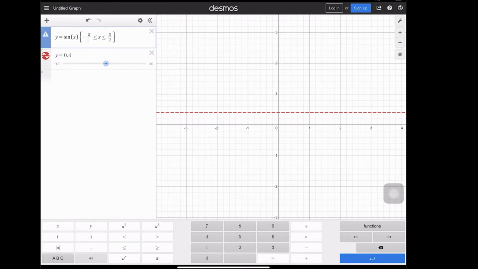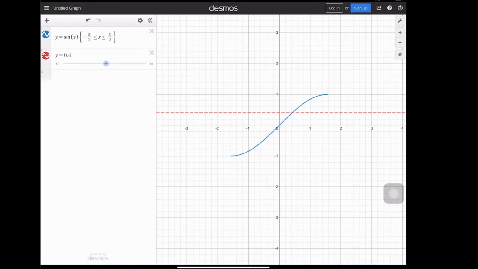Divided by 2. Okay, and then now what do you guys see? Finally, it's 1-to-1, okay? So I want to make sure you guys understand something here. We really have to heavily restrict the domain so that this sine curve is 1-to-1 and has an inverse.